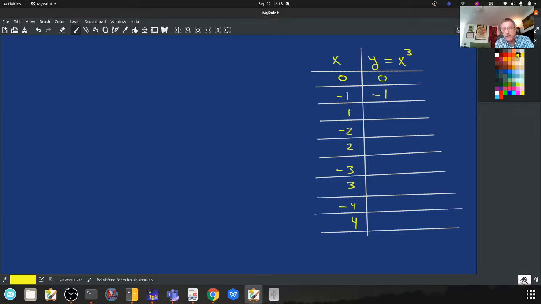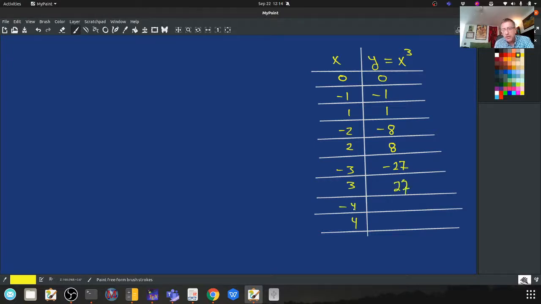So that's minus 1. 1 cubed is 1 times 1 times 1, that's 1. Minus 2 cubed, we just discovered, was minus 8. 2 cubed is 8. So there's an interesting pairing. Minus 3 cubed is minus 3 times minus 3 is 9 times minus 3 is minus 27. And 3 cubed is plus 27.